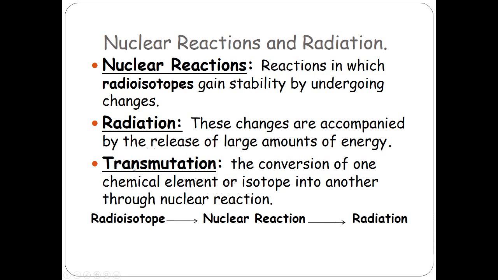So this only occurs when the number of protons in the nucleus changes, which we'll see occurs with two of our types of nuclear radiation or decay. So if you have a radioisotope that's unstable, it's going to undergo a kind of nuclear reaction, and after that reaction, or during that reaction, there will be some radiation, some energy that is released from the nucleus.